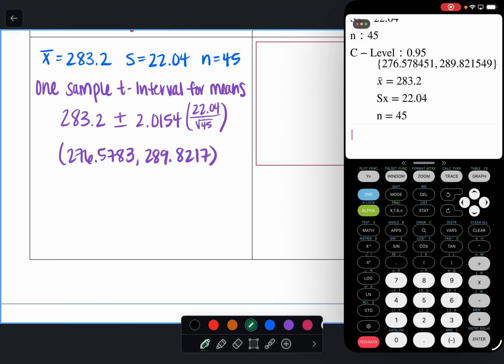So sometimes I think it's helpful to have that additional information there just to cover your bases. I got an interval, it was way off, but because you're probably going to honestly just copy this down directly from your calculator and not even notice that it's 220.4 and not 22.04.